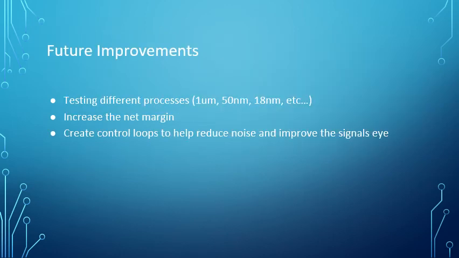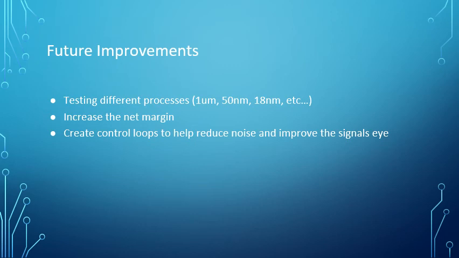For our future improvements, we were thinking about using different types of processes within our driver so we could see if we can get a better looking result and test different behaviors and characteristics of these processes. We would also like to try to increase the noise margin, because the noise margin affects the bit error rate as well as the mean time between failures.